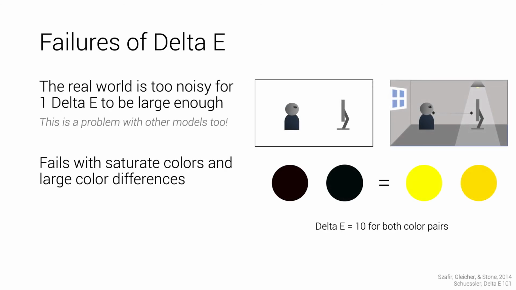While delta E is used very commonly in visualizations, in practice, it's subject to a number of limitations. One of those key limitations is that the real world is actually too noisy for one delta E to be large enough. And this is a problem with all of the color difference equations we're going to talk about.